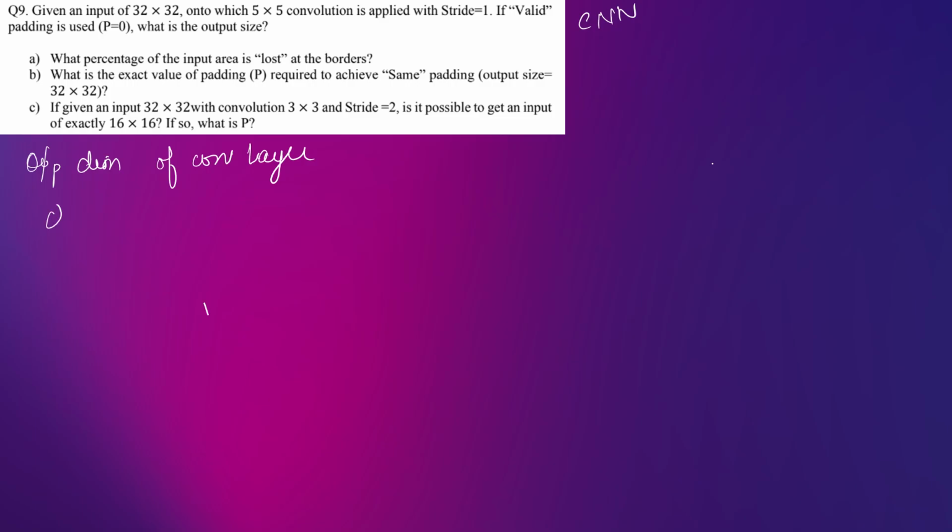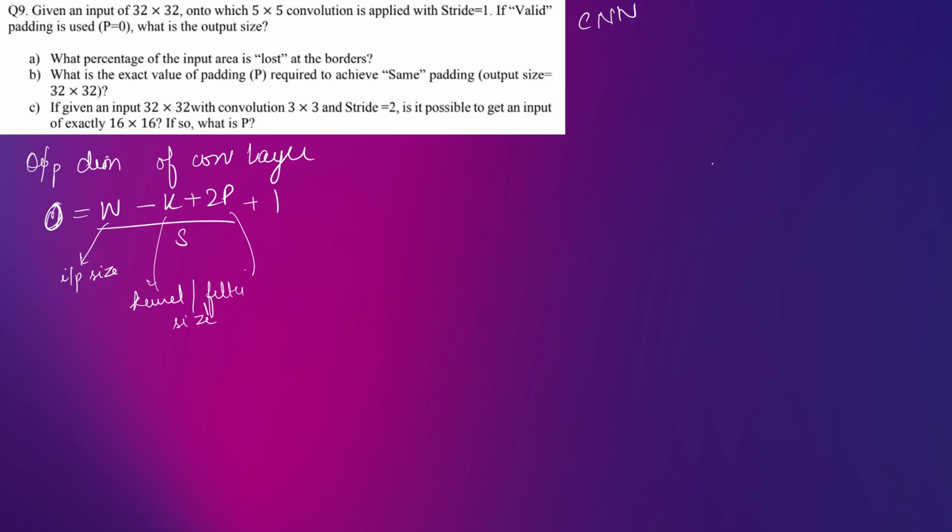The formula is O is equal to (W minus K plus 2P) upon S, plus 1. W stands for your input size, K stands for your kernel or filter size, P stands for padding, S stands for stride.